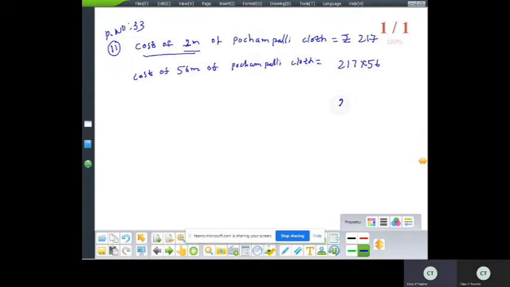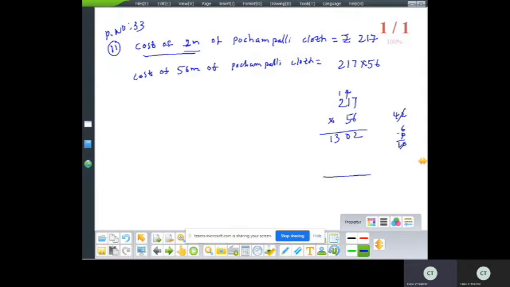Now multiply 217 with 56. In 56, the first digit is 6. 6 times 7 is 42. 2 here and 4 is carried. Now 6 times 1 is 6. 6 plus 4 is 10. 0 here and 1 here. 6 times 2 is 12. 12 plus 1 is 13.